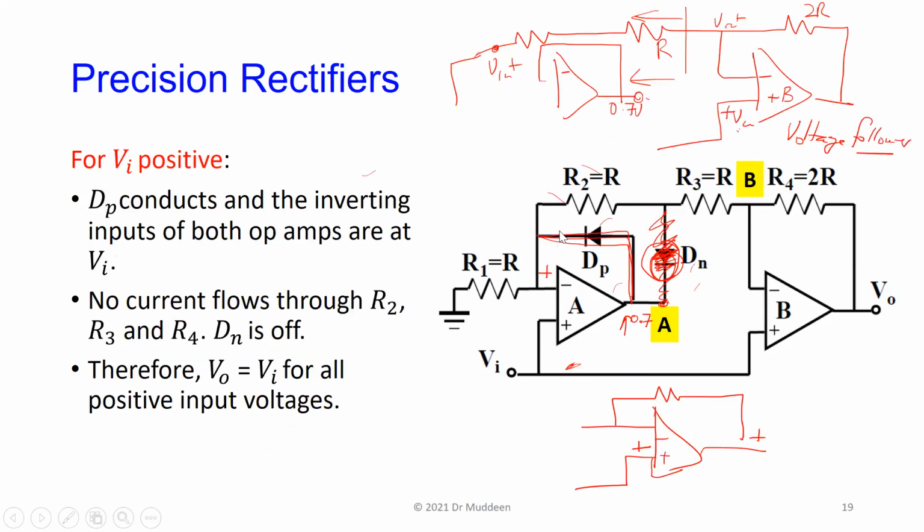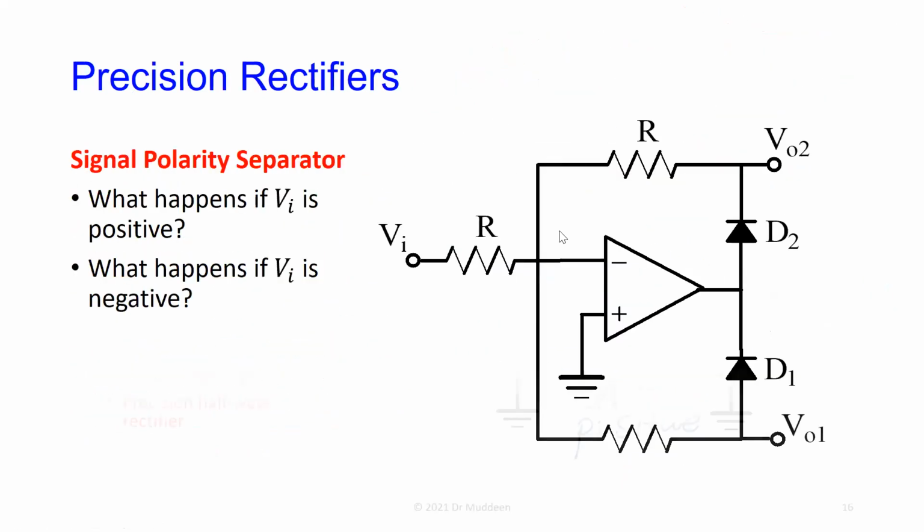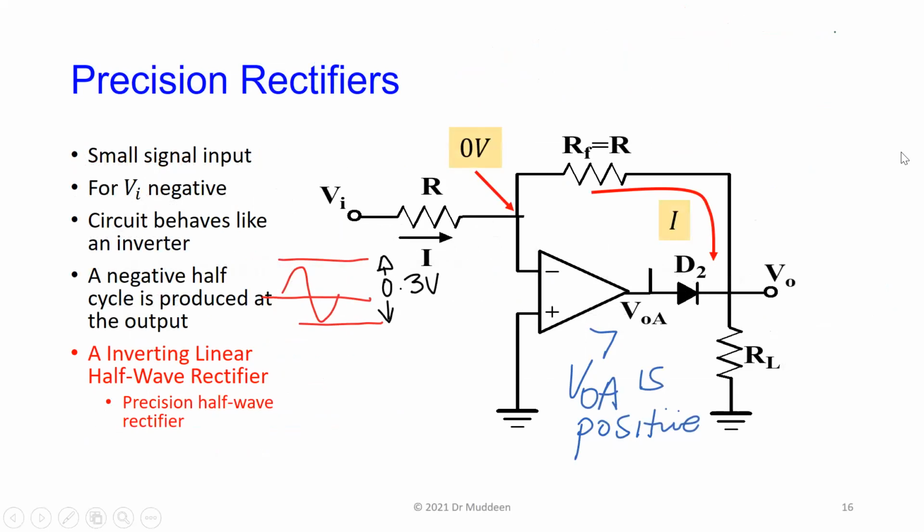That's what I was saying. If you go back to this type of circuit, when you have an op amp in the inverting mode, remember input impedance has to do with what the input signal is seeing. In the inverting mode, because of the virtual earth behavior, this point here is at ground.